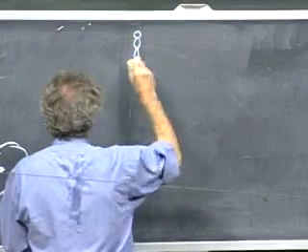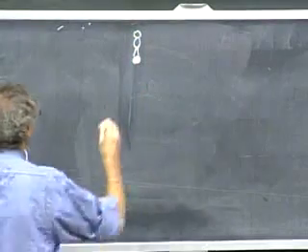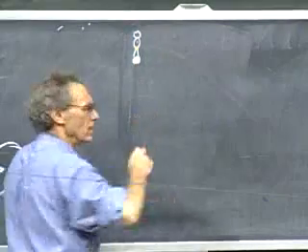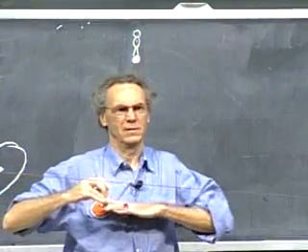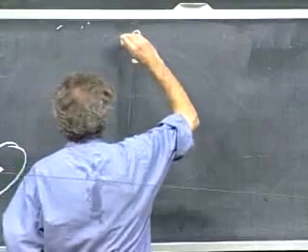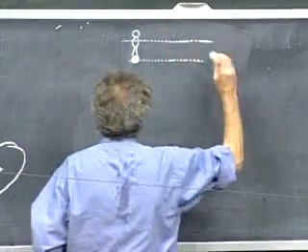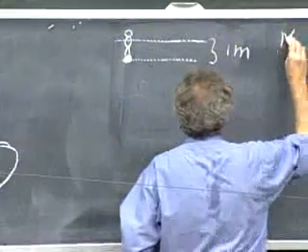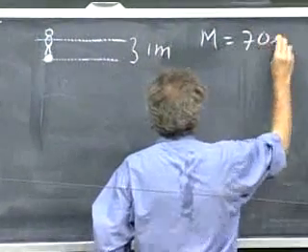This is the rope. And let the center of mass of the rope walker be right here, somewhere here. Let the distance between the center of mass and the rope be 1 meter, and let the mass of the rope walker be 70 kilograms.